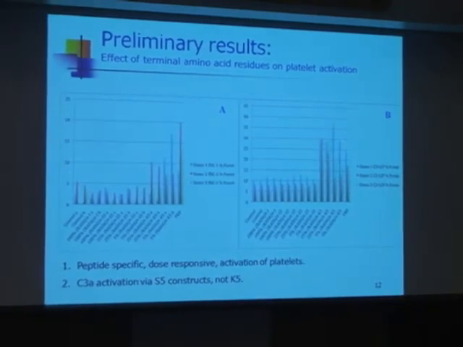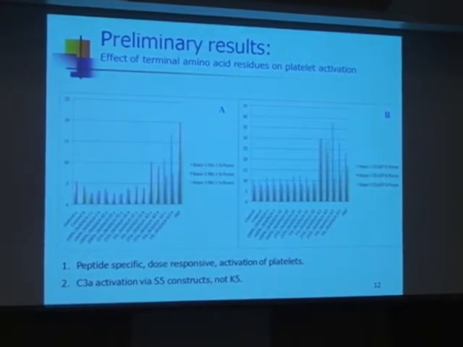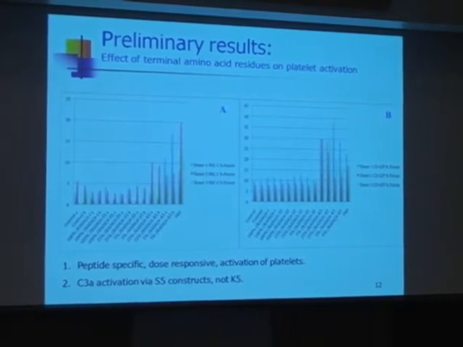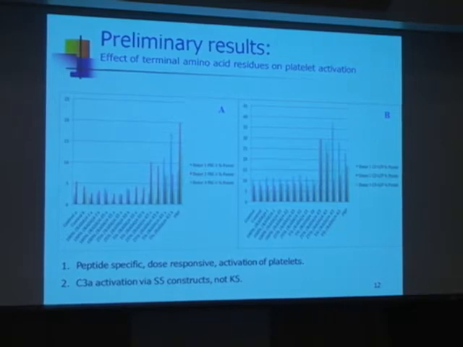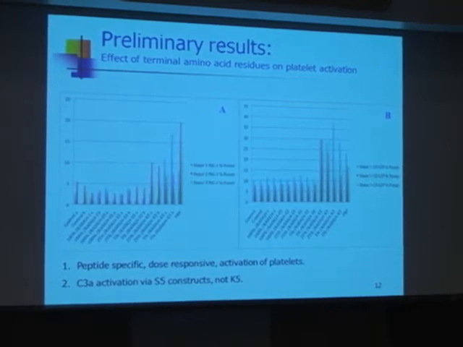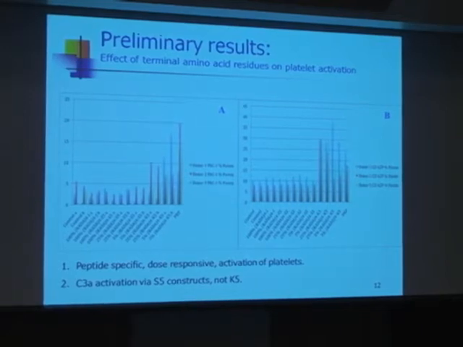Donor number 1 was a little bit higher than expected at lower concentrations, but the other two sort of followed this profile. So it gives us an understanding that there's a peptide-specific dose-responsive event that's activating platelets. Conversely, we've also done C3A activation, and we saw that this was largely activated by the S5 constructs due to the chemistry of the serine with the free hydroxyl group, most likely.